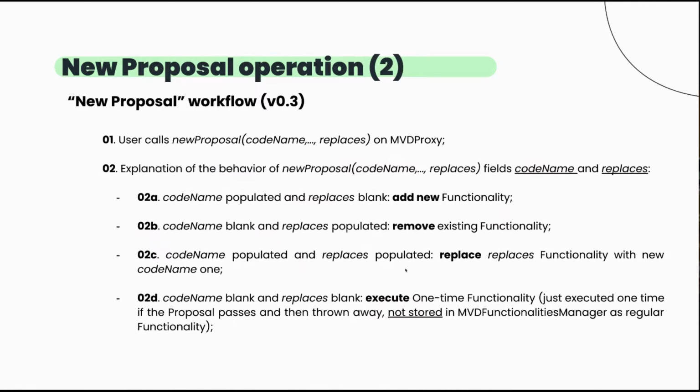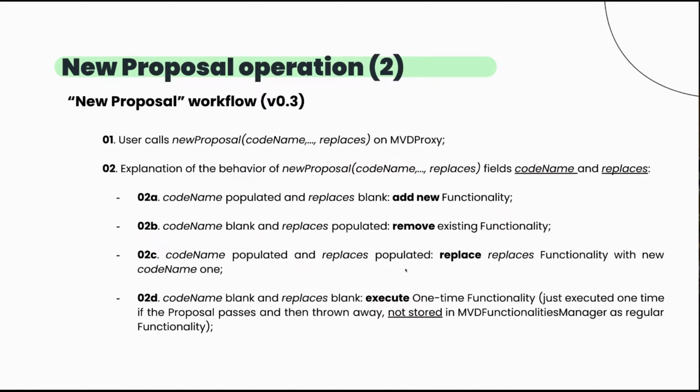First of all, the user calls the new proposal function in the MVD proxy. In this function, the user can set some fields that are mainly the code name and replaces.